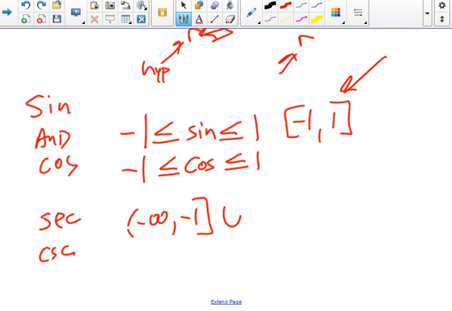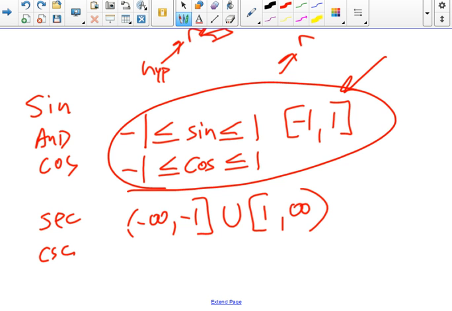And then, can you jump over anything between 1 and -1? No. So you're going to go from 1 to positive infinity. This would be the range, and this is less important to know for sure. This right here, you need to know, I would think. It's helpful sometimes to realize, oh yeah, I can't get a value more than 1 for sine or cosine. For the secant, cosecant, and then of course for tangent and cotangent, the range is all real numbers, it turns out. So negative infinity to positive infinity.